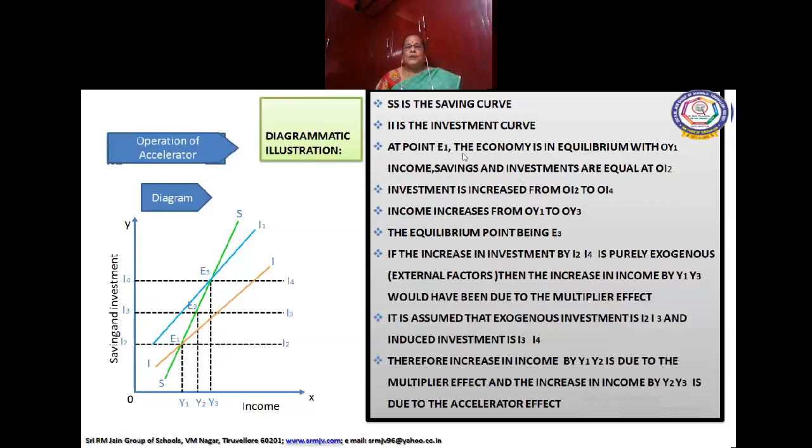At point E1, the economy is in equilibrium with OY1. This is E1, the point of equilibrium. Here, the savings and the investment equilibrium is E1. Okay.